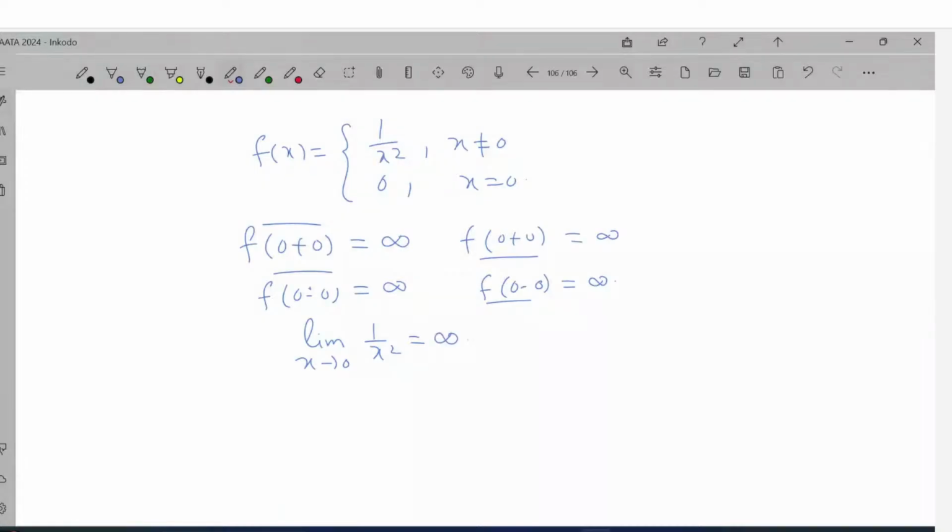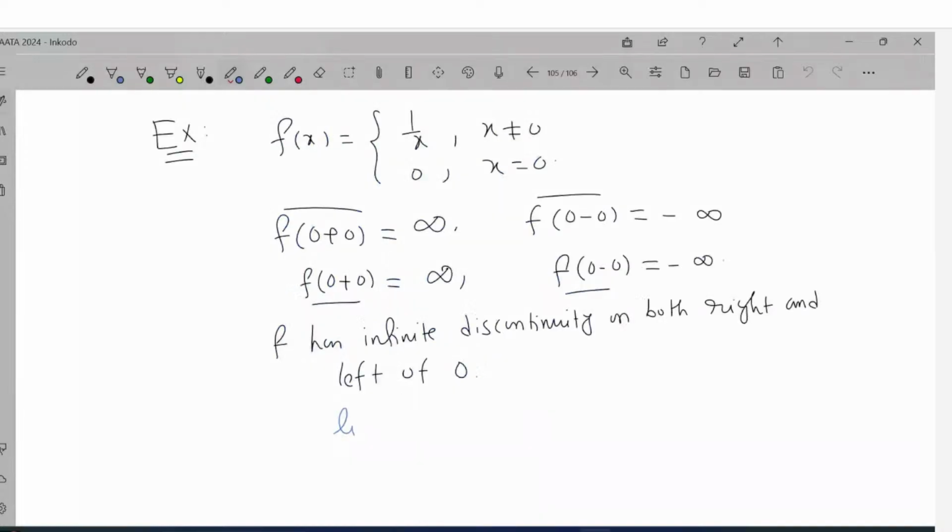But so this is the correct thing. But suppose you write limit x tends to 0, 1 by x equals infinity, is it correct? No, it's incorrect, because the upper sum and lower sum are different, so it cannot have infinity over here.